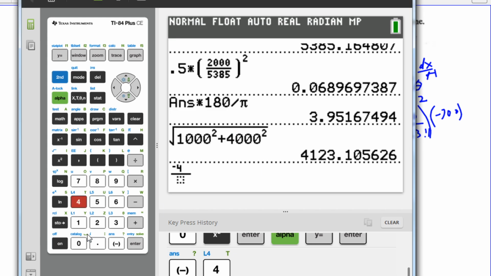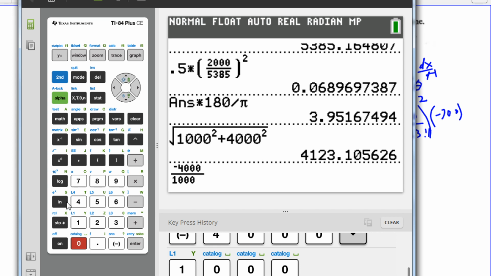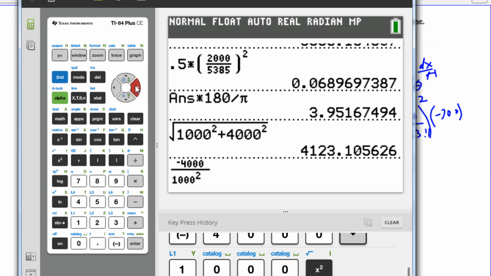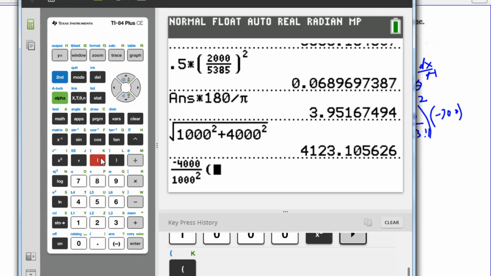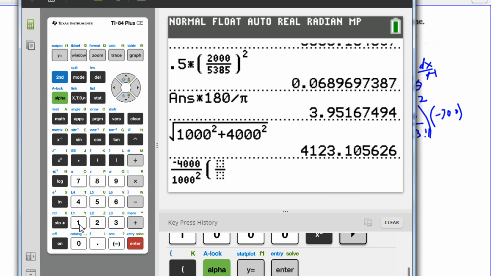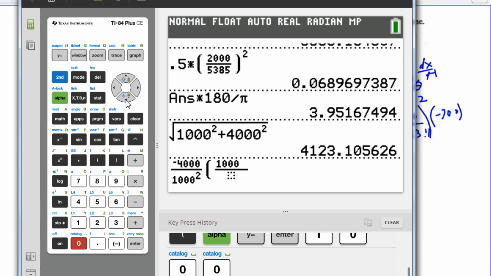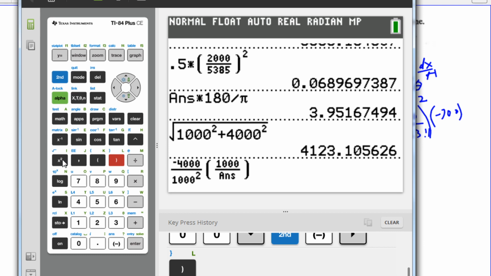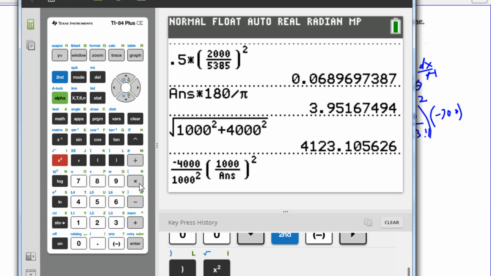So negative 4,000 over 1,000 squared, that would be that x squared, times 1,000 over, I'm going to put second ANS because that's the last thing calculated here, and we'll square that, and we're going to multiply by negative 700.